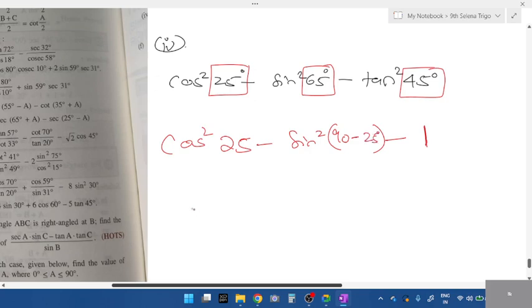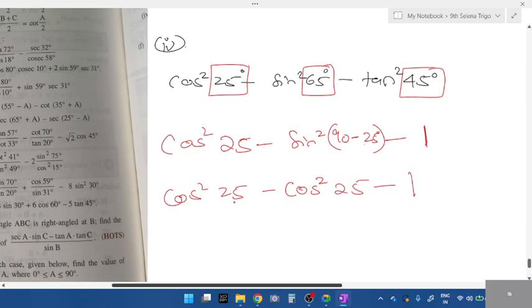Very good. First step. Second step: cos square as it is. Tell me the next one. What is the complementary for sine square? Cos square 25, right? Minus.